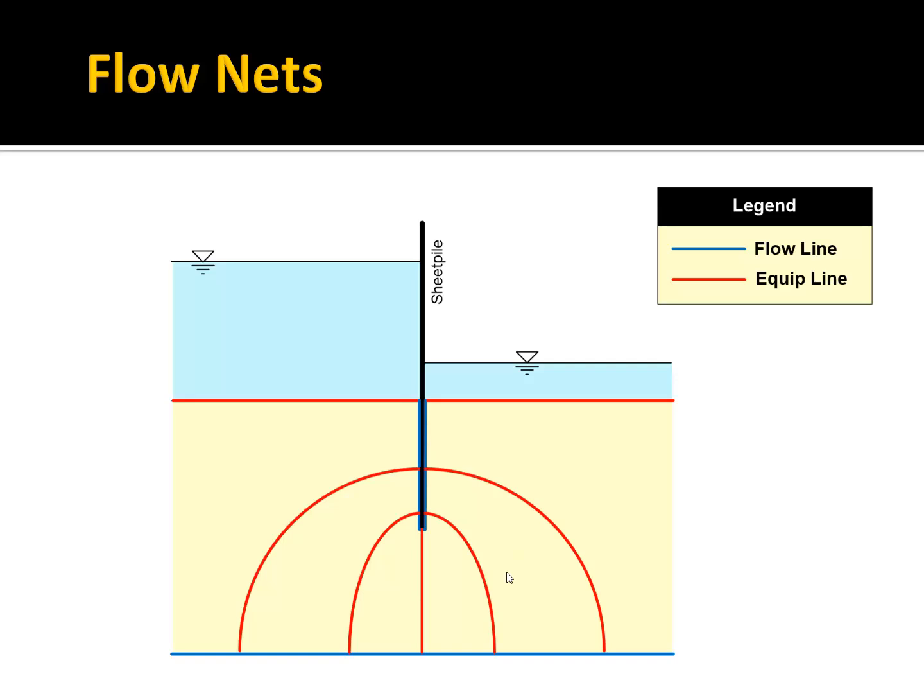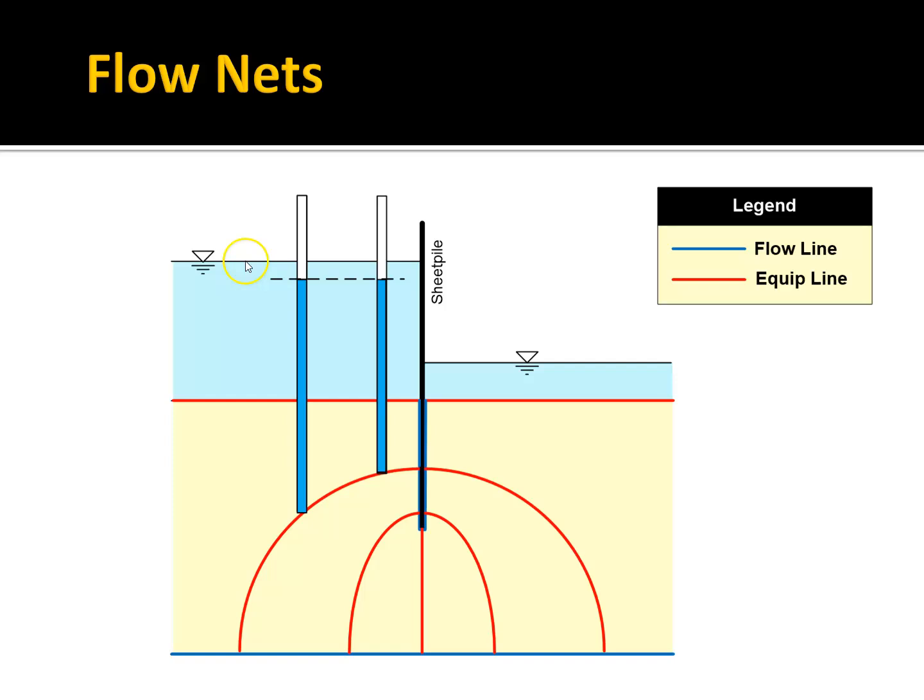Once you've generated a set of equipotential lines, by the way, this shows that along this second equipotential line, this being the first, if you were to put a piezometer at any point along that, the water would rise to this same height.